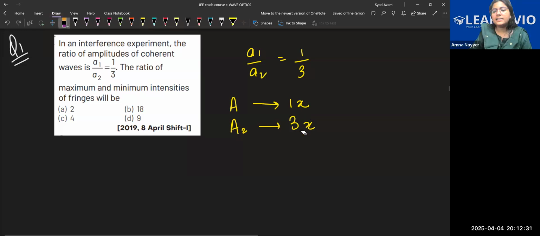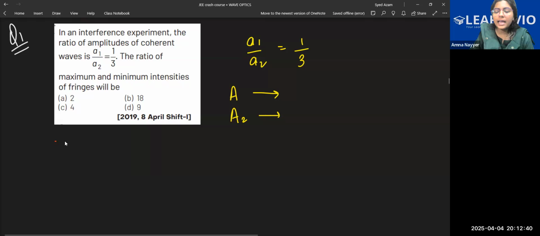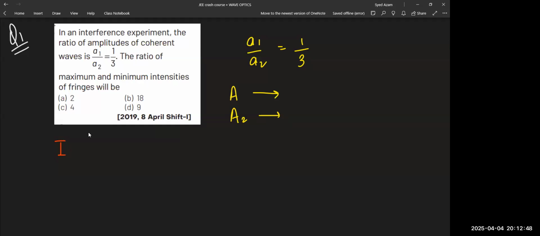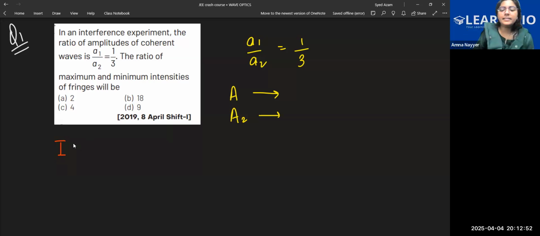Then directly let's write the intensities from this. Look, intensity and amplitude, how are they related? Directly proportional to amplitude square. Yes. Intensity is directly proportional to square of the amplitude. Correct.